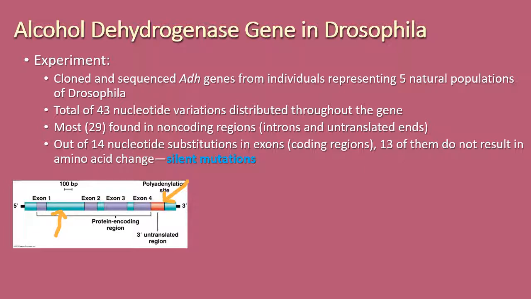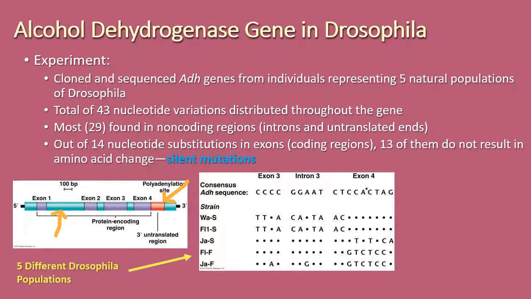But remember, there are only 2 alleles, and they only differ by a single amino acid. So it turns out that 13 of the 14 nucleotide substitutions resulted in a change in bases, but did not code for a different amino acid, because remember, the genetic code is degenerate, so you can have multiple codons that code for the same amino acid. So these mutations are considered silent mutations.